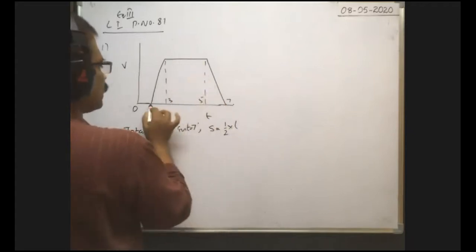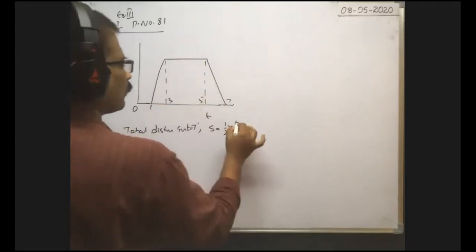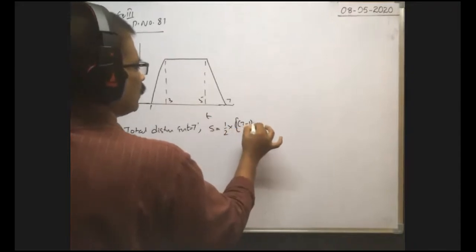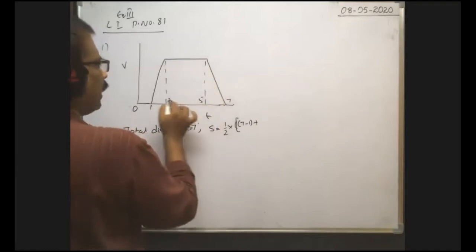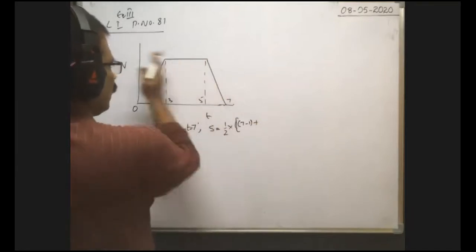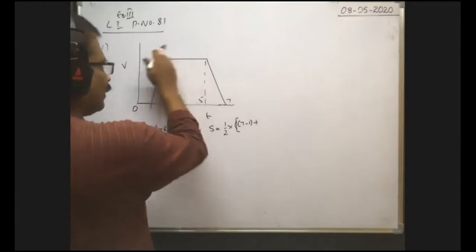Here this side length is equal to 7 minus 1, plus the length of this side is equal to 5 minus 3, because up to this 5, up to this 3, then 5 minus 3 is this length, no?